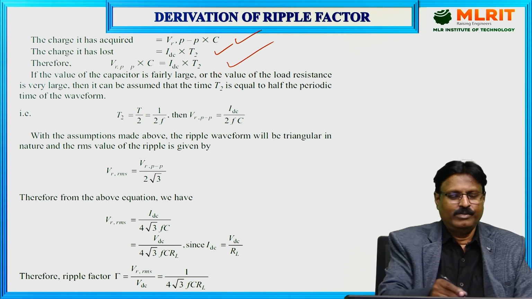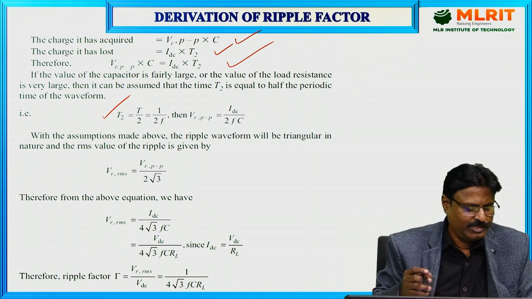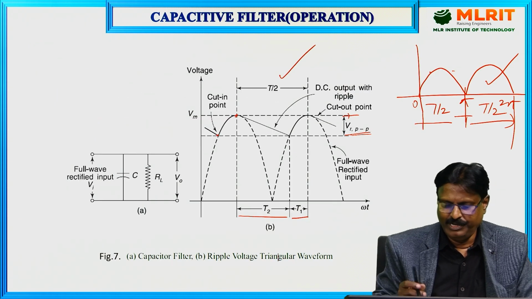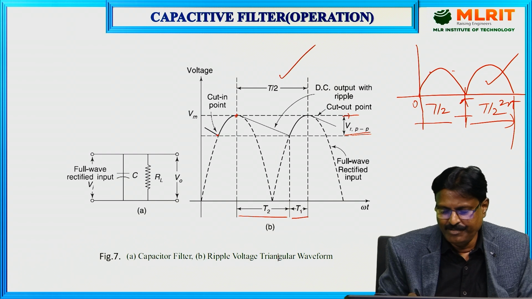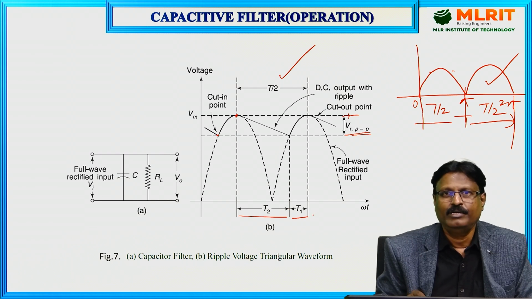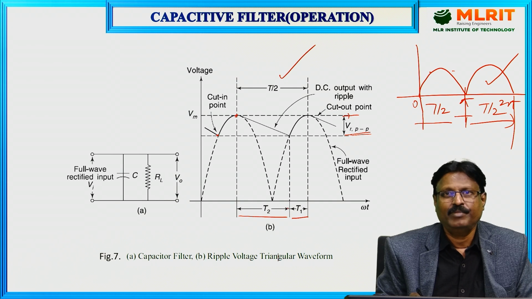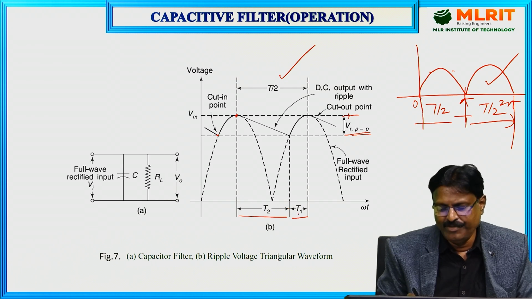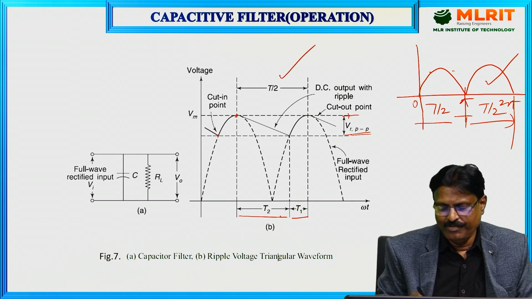Okay, if you observe this diagram of charging and discharging, the discharging time is very large when compared with the charging time T1. It takes so much time whenever it is discharging. That's why T2 is much larger than T1, and we can ignore T1 when compared with T2.